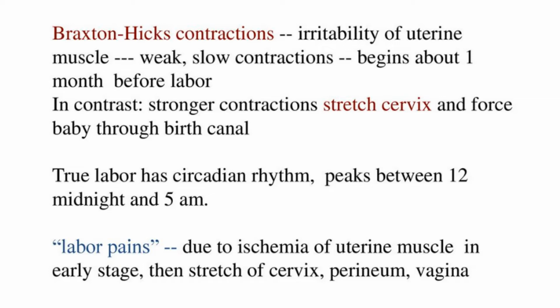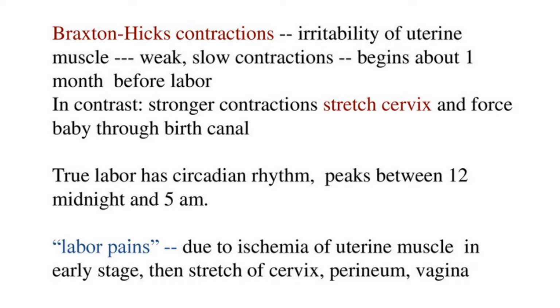Now, what are Braxton Hicks contractions? These are irritability of the uterine muscle, but the irritability is weak and slow. It begins about 1 month before labor. In contrast, there are stronger contractions, which initiate the stretch on the cervix and force the baby through the birth canal.